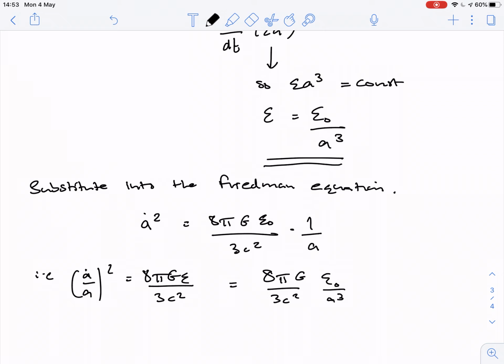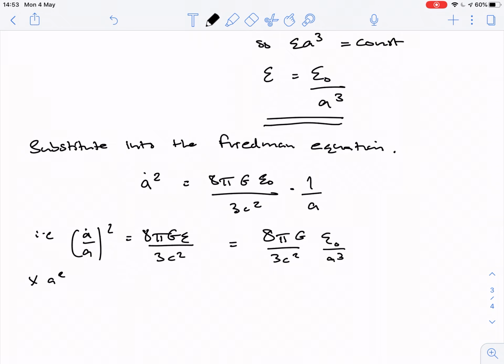I then bring across the a from this side, and that's what gives me a dot squared equals 8 pi G ε naught over 3c squared times 1 over a.